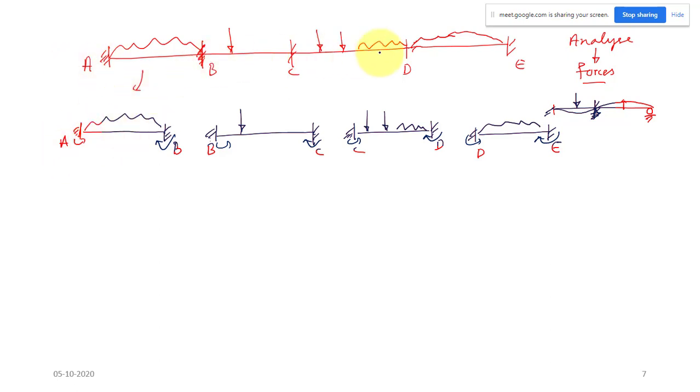Instead of analyzing a continuous beam, we can take it as 4 fixed beams and find out the fixed end moments. Reactions also we can find out, but finally we will be using only the moment values to form the equation. That is why I am writing: find out the fixed end moments in the primary structure.